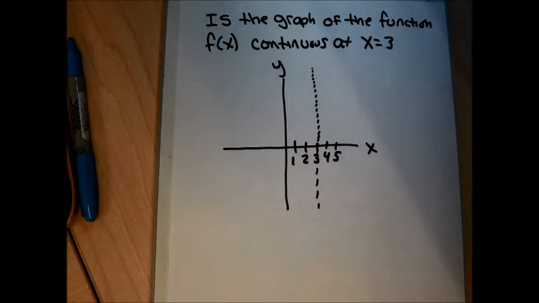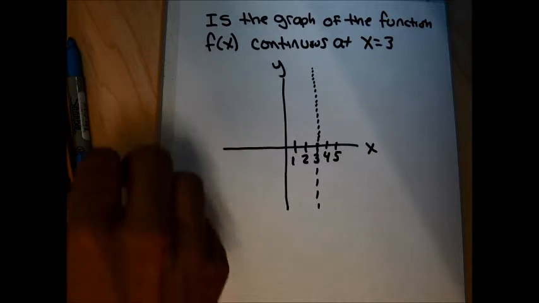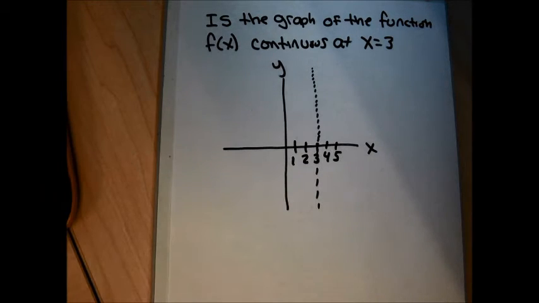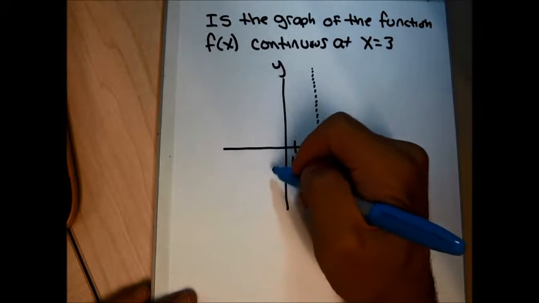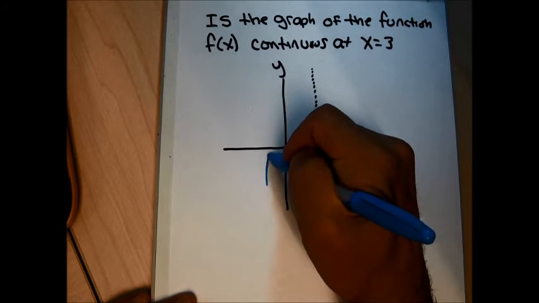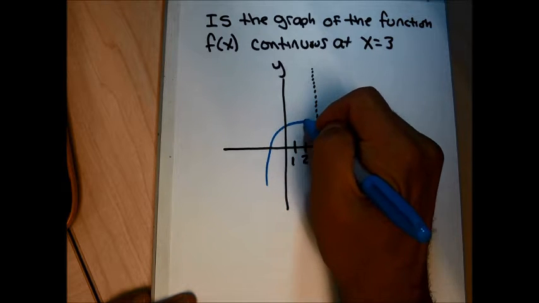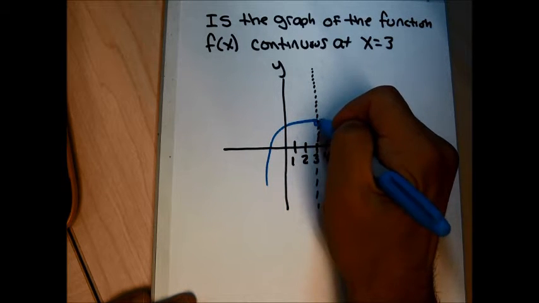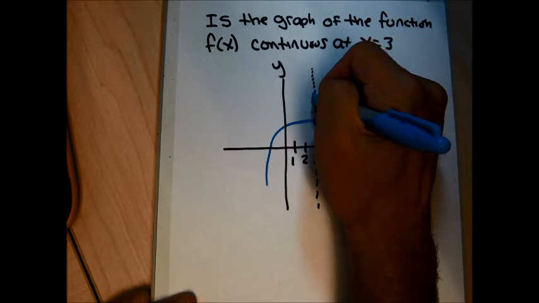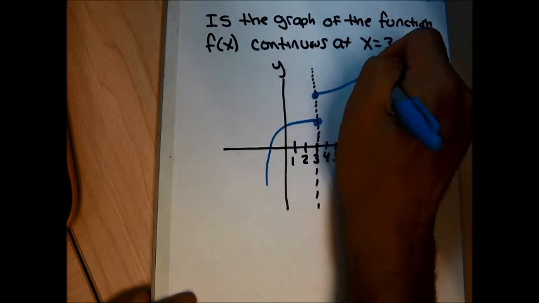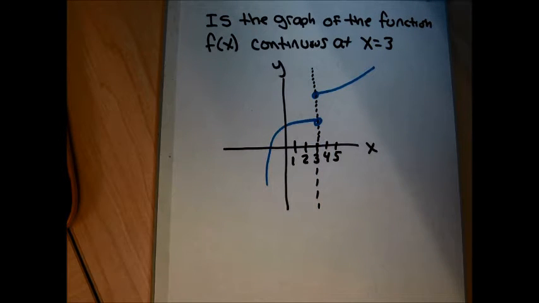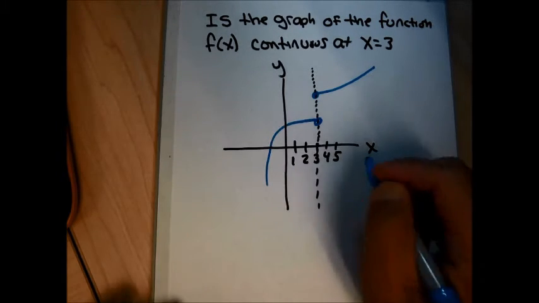And as I draw the graph, if I have to lift up my pen when I draw through x equals 3 and draw kind of two halves of my graph, that's not continuous there. So let me start a nice graph like this. I'm going to draw up to 3, make an open circle, and then jump up and make a closed circle and make the rest of my graph. So this function right here, it's not continuous at x equals 3.